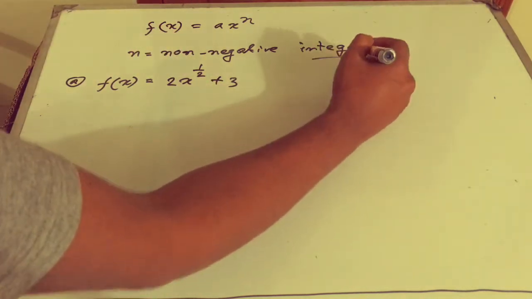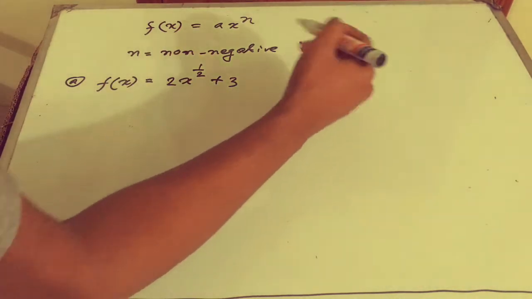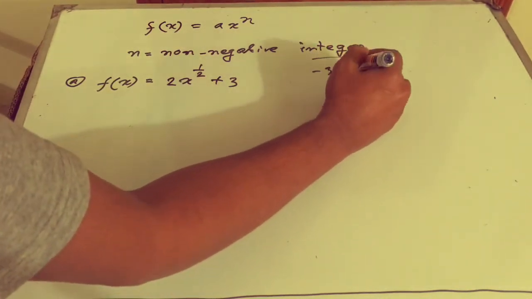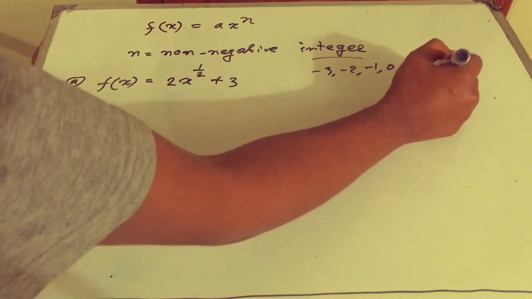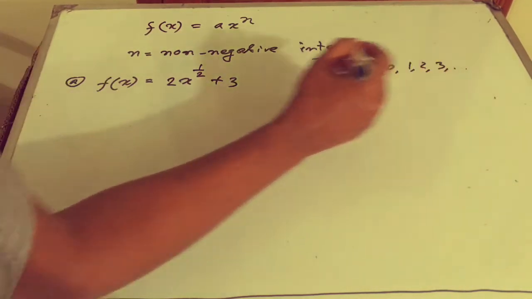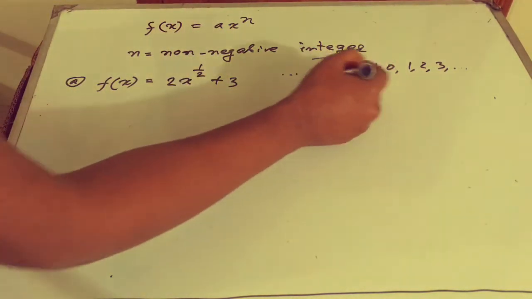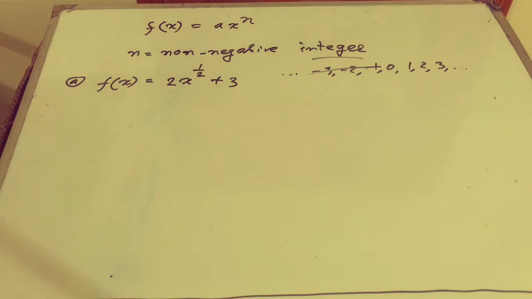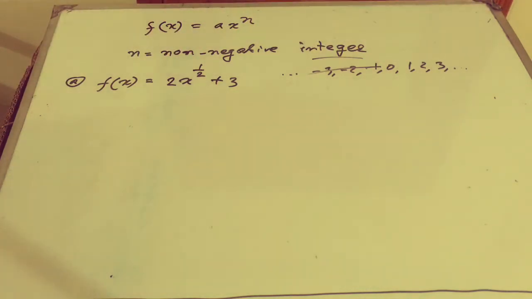Integers are numbers like -3, -2, -1, 0, 1, 2, 3, and so on. But the word non-negative says we have to cancel out the negative numbers. That means only 0, 1, 2, 3, and so on. Only these numbers can be the power.